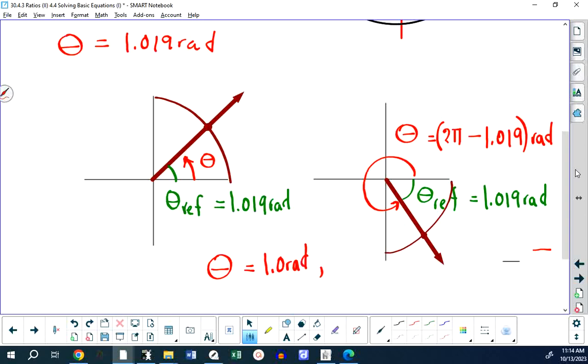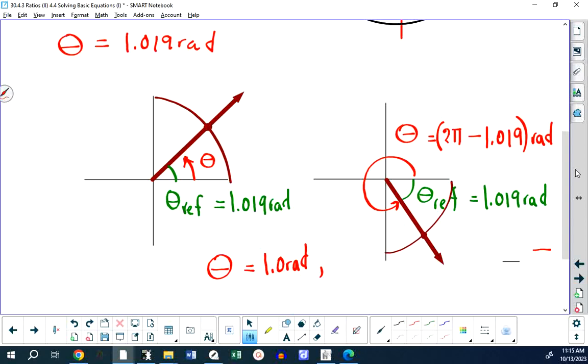And we have to figure this out. This literally means pi is not a variable, it's a number. It means take 2 times pi minus 1.019. And you're going to get 5.2-ish. 5.26. So it would round to the nearest tenth to 5.3.